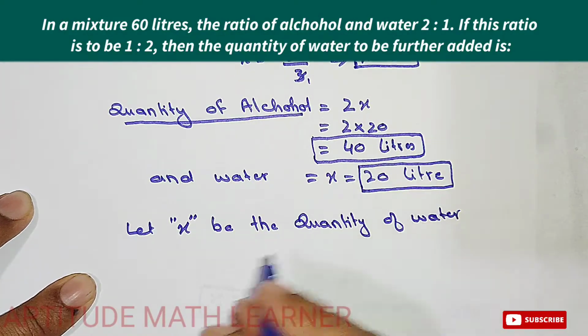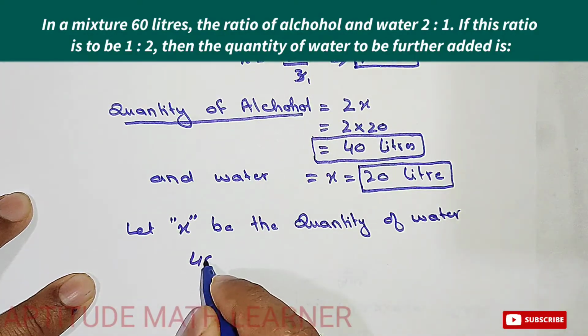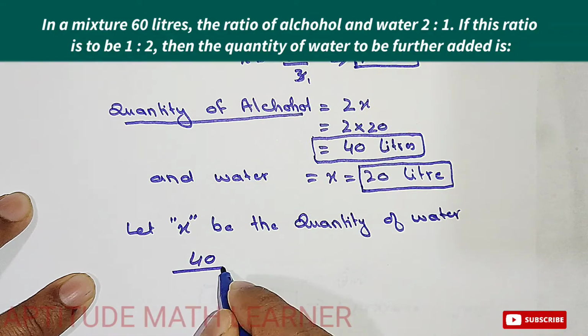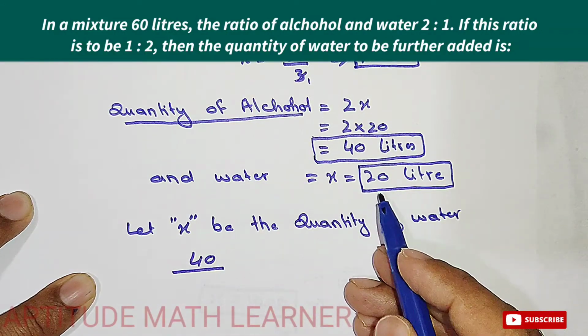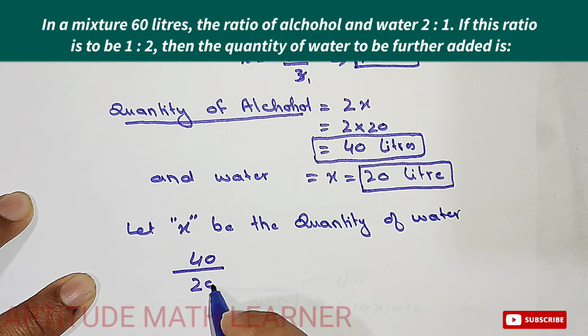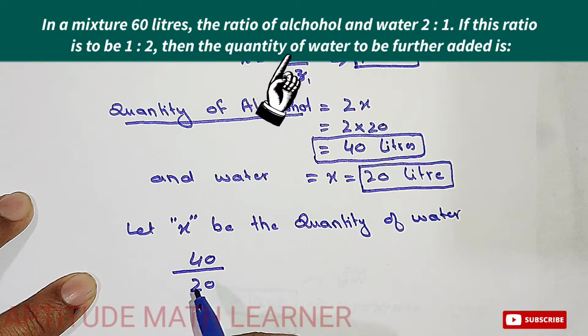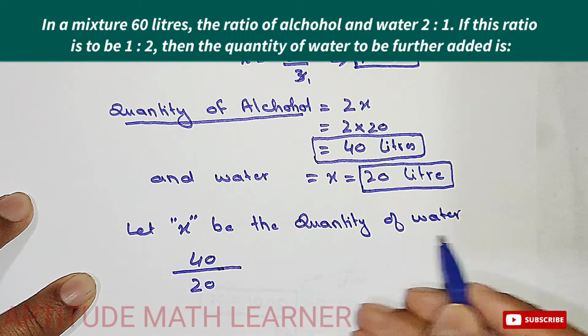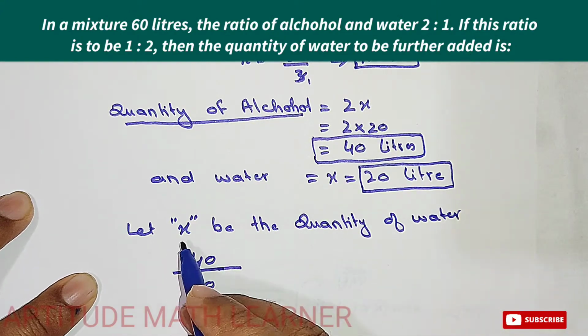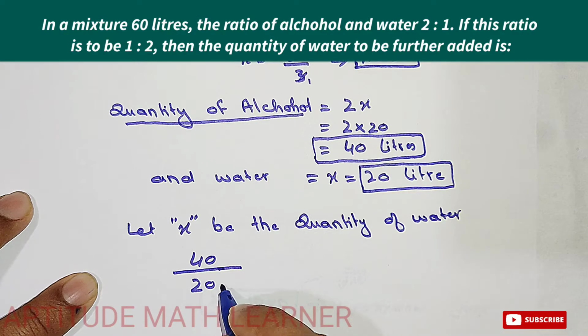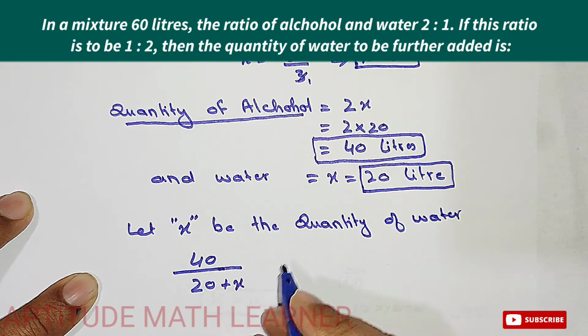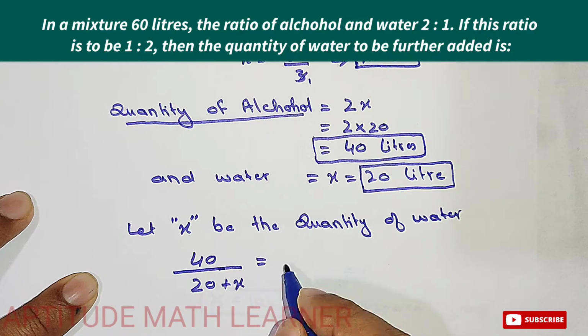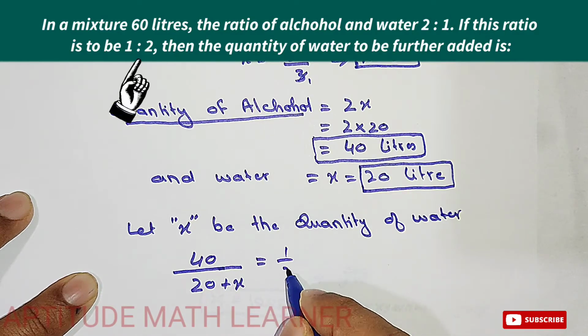The alcohol is 40 upon water, that is 20, and since we don't know how much water is to be added, we add x. So this is the quantity of water to be added, and now the new ratio becomes 1/2.